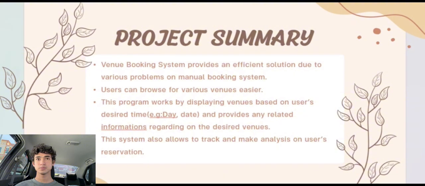This system works by displaying venues based on the user's desired time. When the user enters the date and day, the system will display which venues are available at the moment. The system also allows tracking and analysis of user reservations.